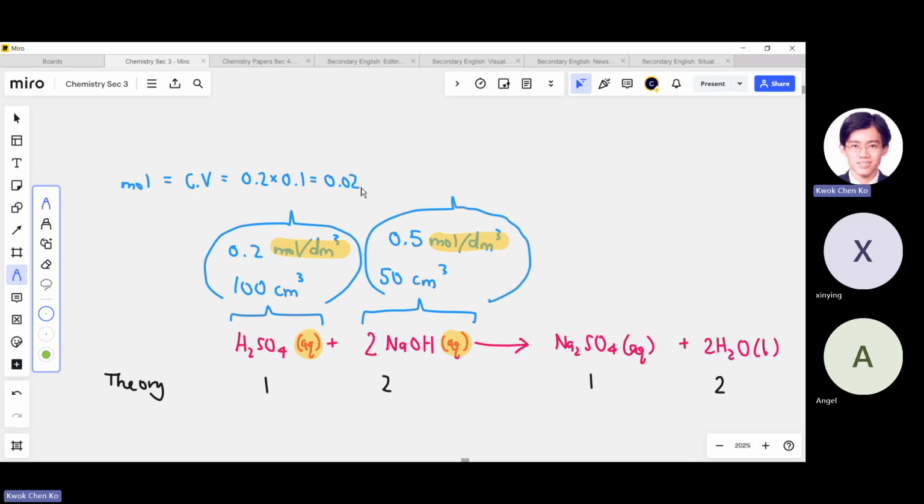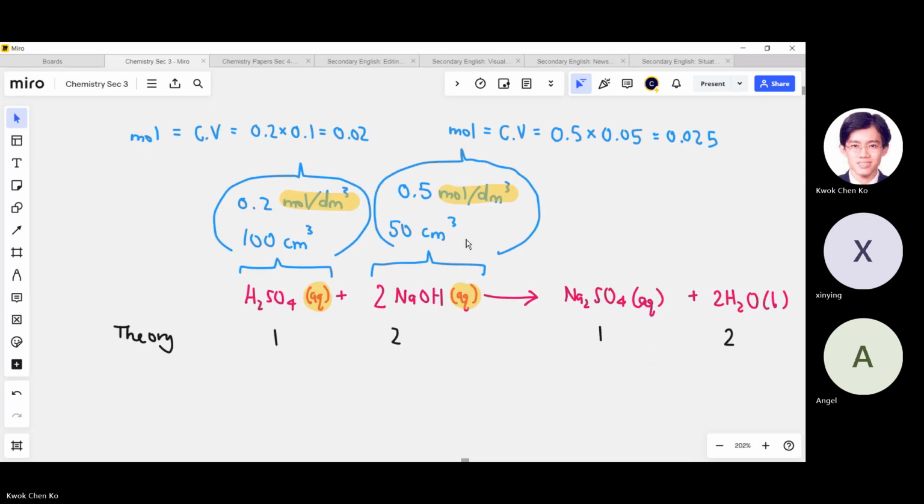And I apply formula number 4 to each reactant. Same formula but different substance. Then I fill in the actual values.